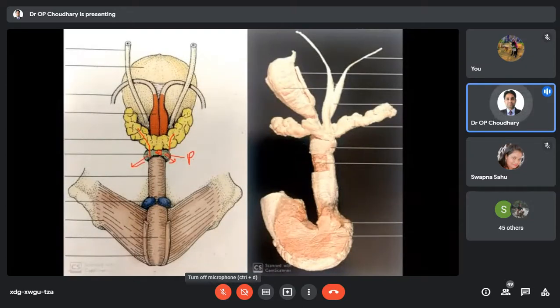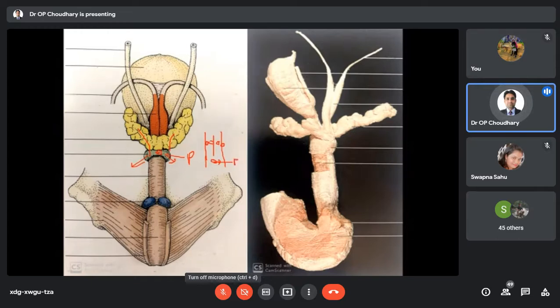Now if I draw one diagram here, this is the colliculus seminalis, and on either side of the colliculus seminalis, in case of the ox, there are two openings. One is for the seminal vesicles, and one is for the vas deferens, where it is going to end. At the end of the seminal vesicle, there is an opening for the prostate duct.